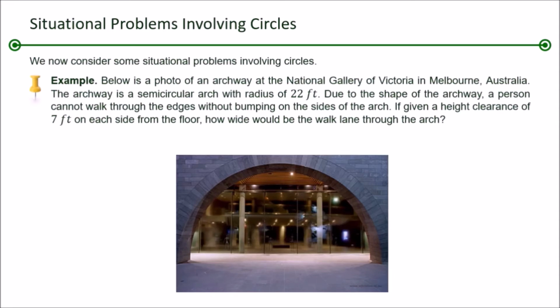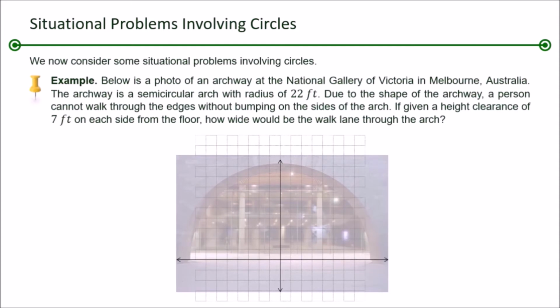Let's try to translate the problem geometrically by tracing the shape of the archway into a rectangular coordinate system. A semicircle is half a circle. Given that the radius of this circle is 22 feet, what is being asked in the problem is to determine a point on this circle with the coordinates x and a height of 7.